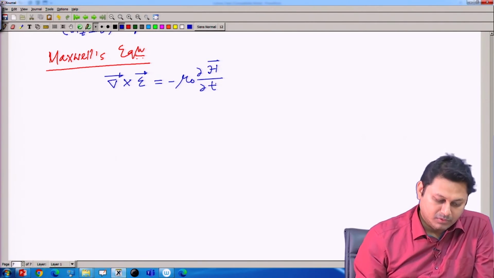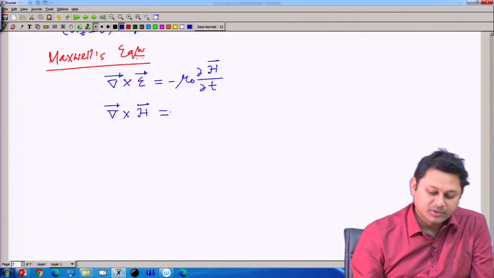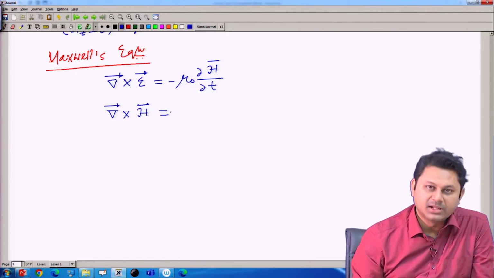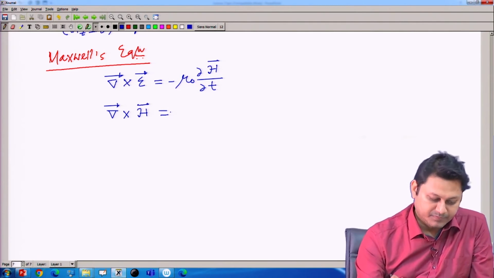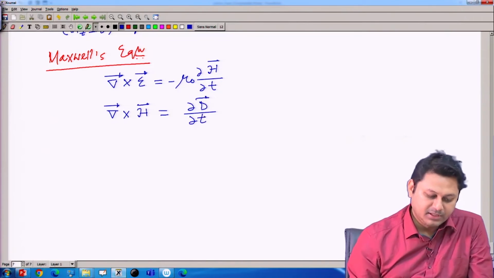This is one equation, and curl of curly H. The first one is Faraday's law. I just write in terms of curly E and curly H. What is the meaning of curly E and curly H? We are going to see. It is del D del t.